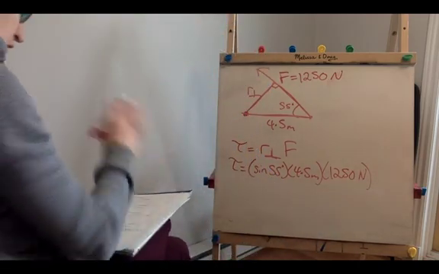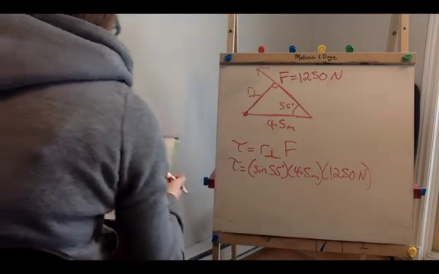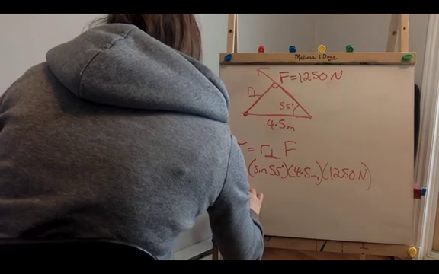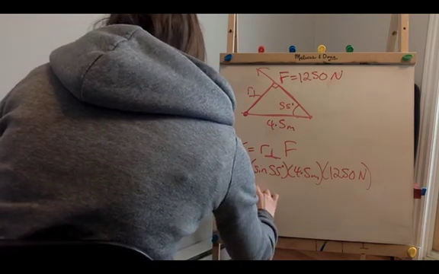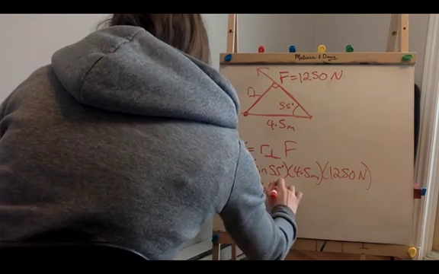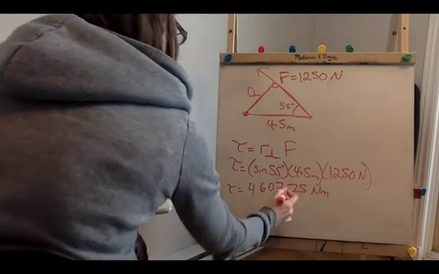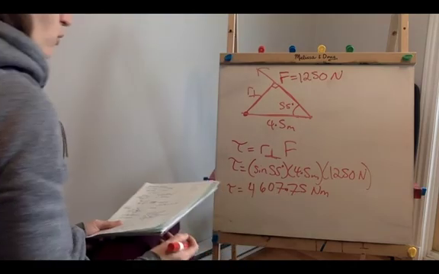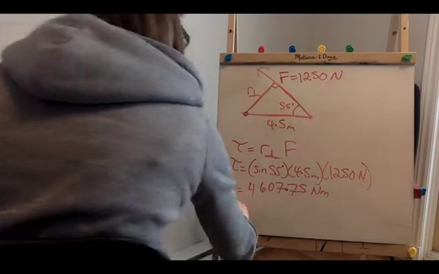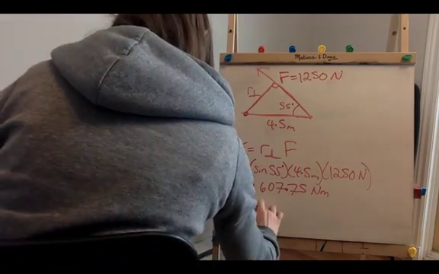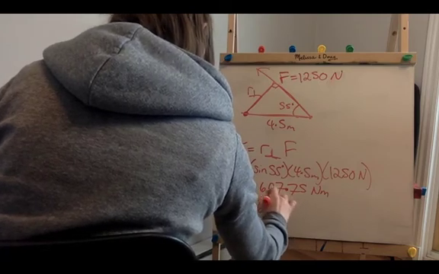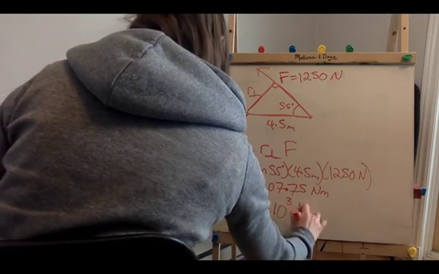So you multiply it all out, and you get a torque of 4,607.75 newton meters. But sig fig wise, we only get 2, so we'll call this 4.6 times 10 cubed newton meters.